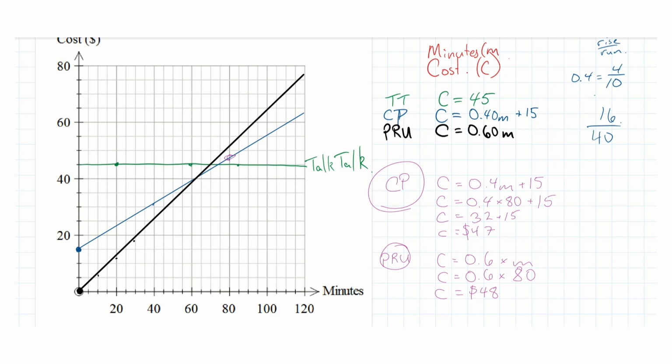And how much is it going to cost for TalkTalk? Well, of course, it's just going to cost $45, because I know that at every amount of time, TalkTalk is going to cost $45. So I know that TalkTalk is going to be the cheapest, not only because I've substituted it in, but also because I can see it on my graph.